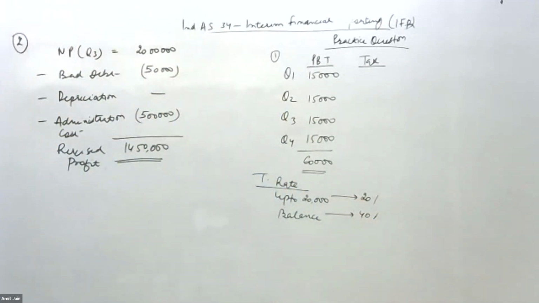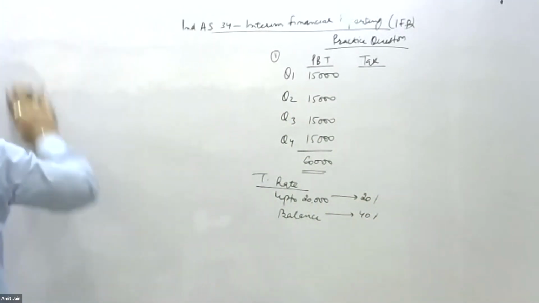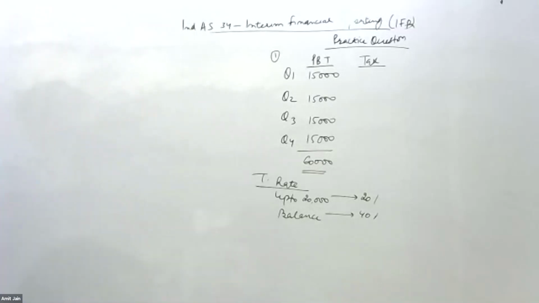Then how we need to compute the tax, guys, in this case? So first of all, we need to compute effective tax rate. So let's rub this and let's compute what is the effective tax rate, right? How to compute effective tax rate?